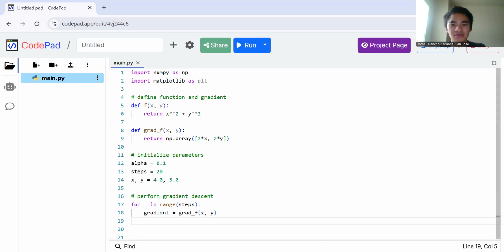Then I'm gonna shortcut this: x minus equals, which just means x equals x minus. It's the same thing as that.